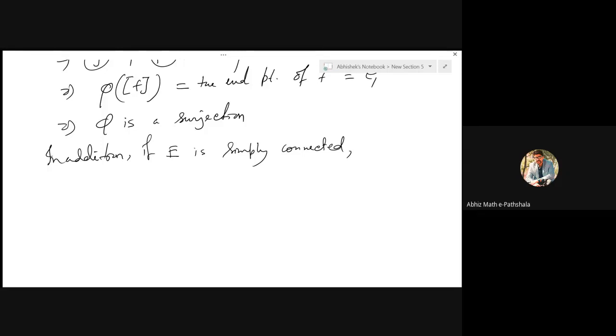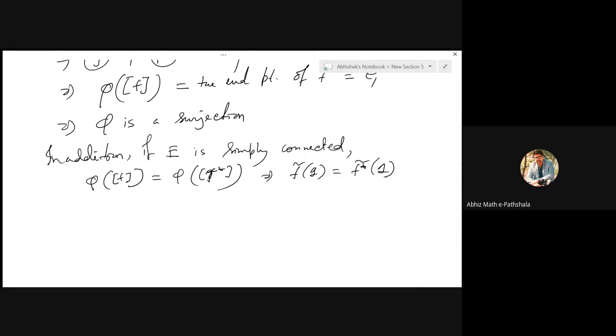Take two loops f and f star, with respect to which phi of class f equals phi of class f star. That means their liftings will have the same endpoint.